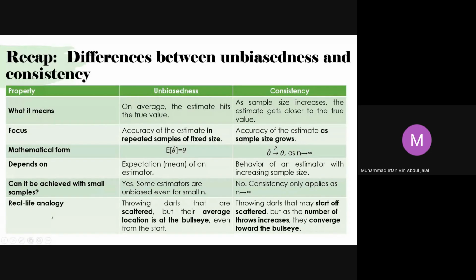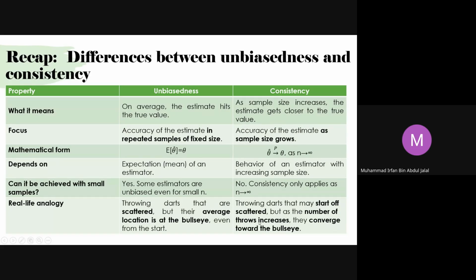As a real life analogy, if anyone here has ever played darts, you throw the dart to hit the round board. Throwing darts that are scattered, but their average location is at the bullseye, at the middle, even from the start. From the start, because the estimator is unbiased, the average of it will hit the bullseye.